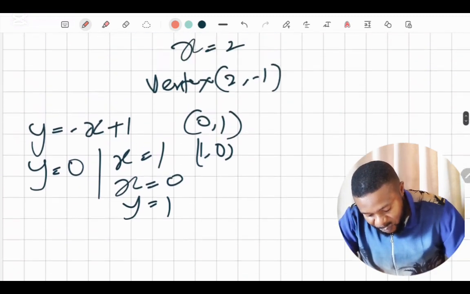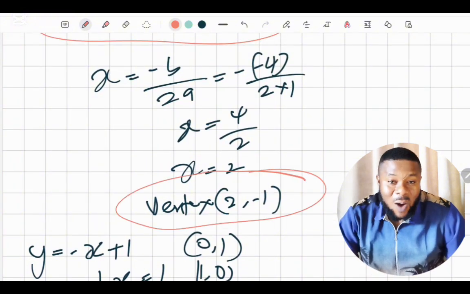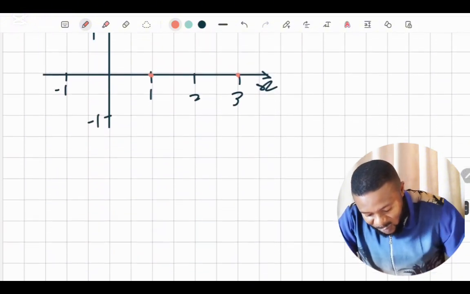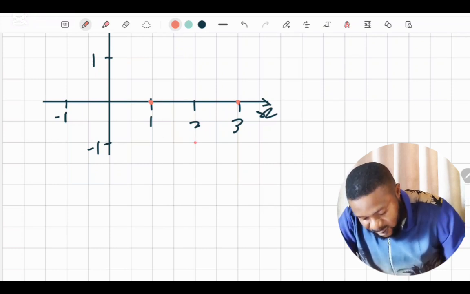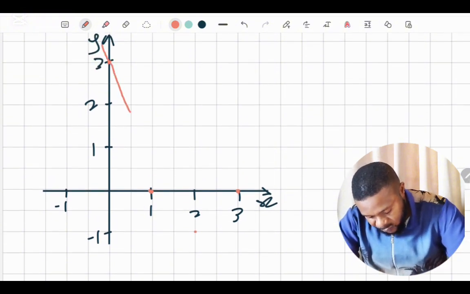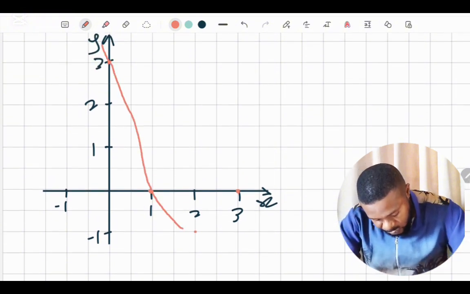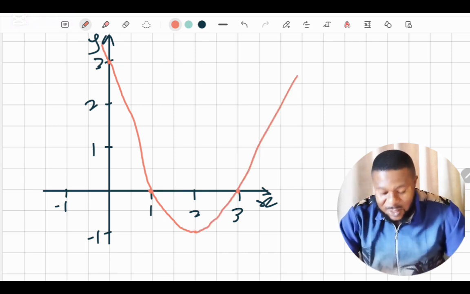Then we also found that our vertex is (2, minus 1). So the x component of the vertex is 2, which is here, and the y is minus 1, which is here. So this is our vertex. We can easily draw our curve. This is a freehand drawing, it's not going to be perfect. So this is the curve.